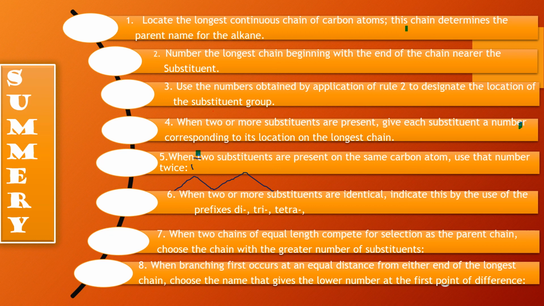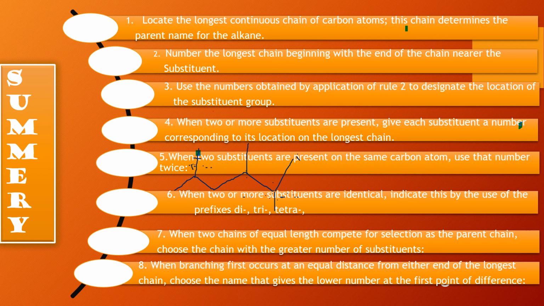So there are 5 carbons. No, 6 carbons, right? You can see that the methyl group is present at the second position from here and at the seventh position from here. So from where should we start counting? We will start counting from here because 1, 2, 3.